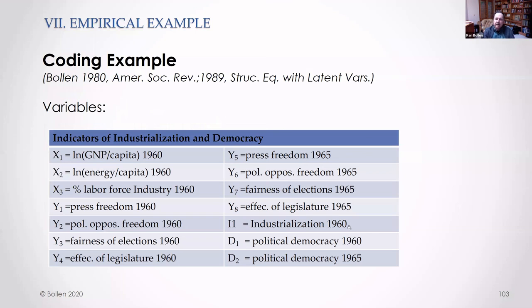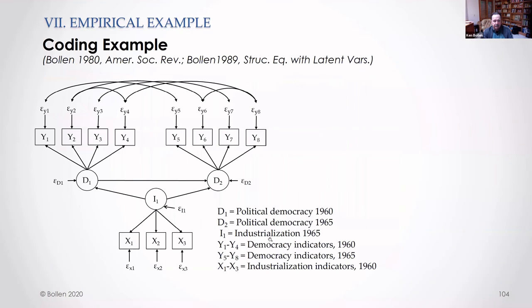Here's a coding example. This is that industrialization and democracy example I had when I was illustrating the specifications. All I'm giving here are the indicators of industrialization, so GNP per capita, energy per capita, percent labor in industry, and then these are the measures of freedom of the press. The latent variables here: I1 is industrialization, D1 is political democracy, D2 is political democracy at the later point in time.